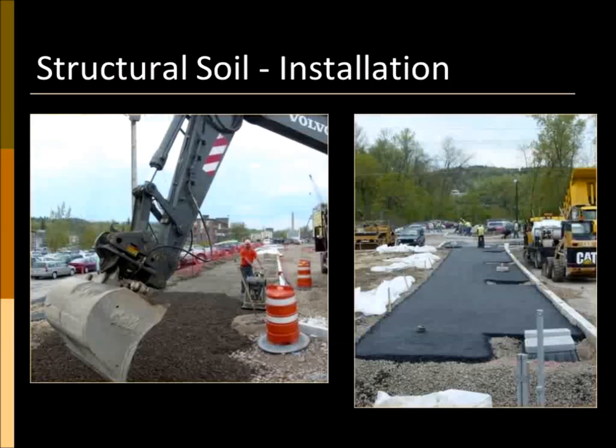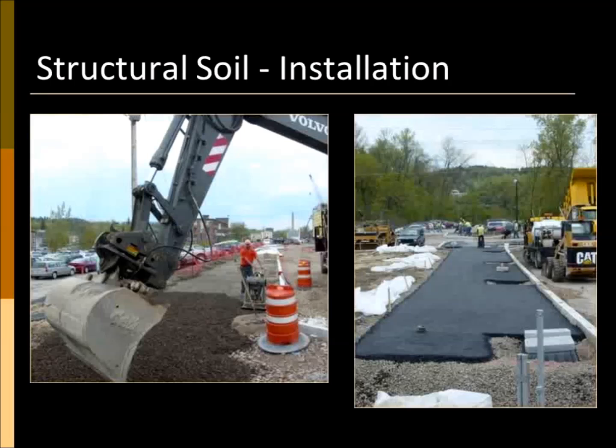This is just showing you an installation in Winooski, Vermont. They put several hundred yards of this in when they redeveloped their downtown. And that's kind of what it looks like to the left when it goes in. Usually I try to put it in to a depth of 30, 35 inches or so. I've even put it as little as 28 inches in some scenarios, based on the depth that you can get when you're digging down in.